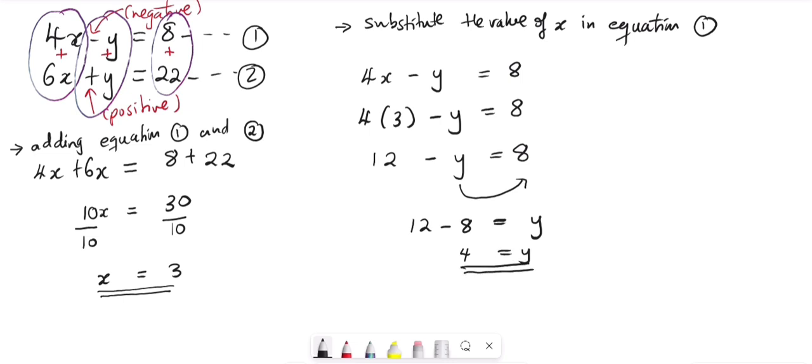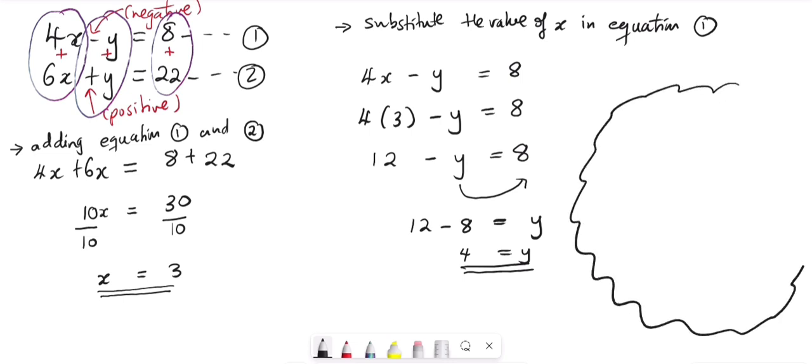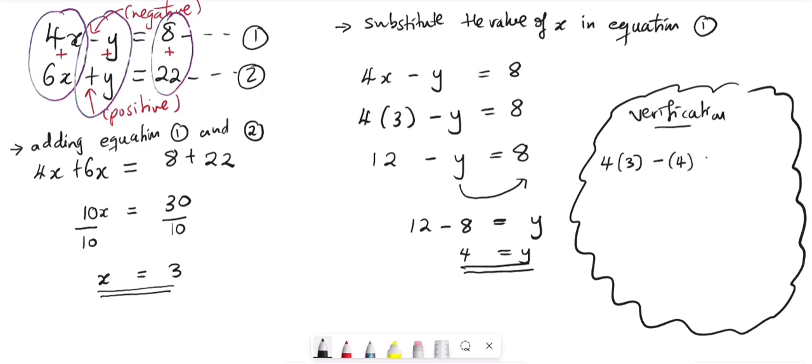Right. So you can always double check. You can verify. Okay, so I'm going to use this space for verification, to check if your answers are correct. So we're taking equation 1: 4, where there is x, we put 3, minus y, which is 4, equals.